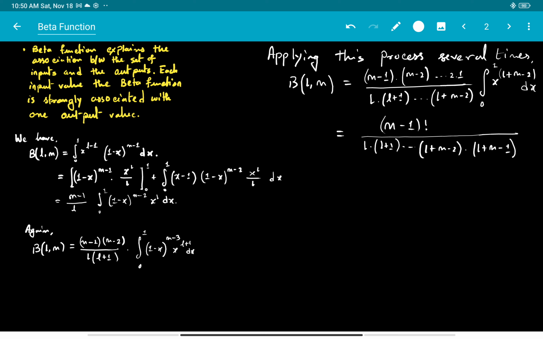That is quite intuitive, and you should understand the insight behind this beta function.